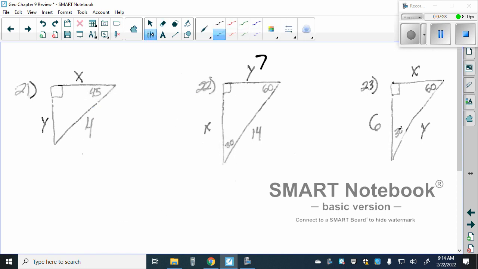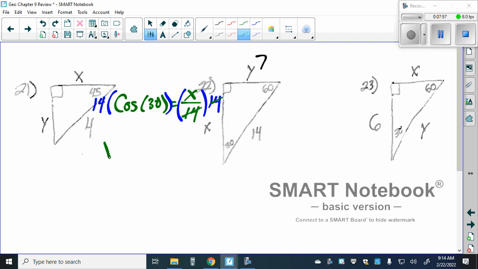Or we could use the Pythagorean Theorem because we do have 2 sides in a right triangle. We could use it. Now if we said cosine of 30 degrees, well, cosine is adjacent over the hypotenuse. At this point, we would multiply both sides by 14.